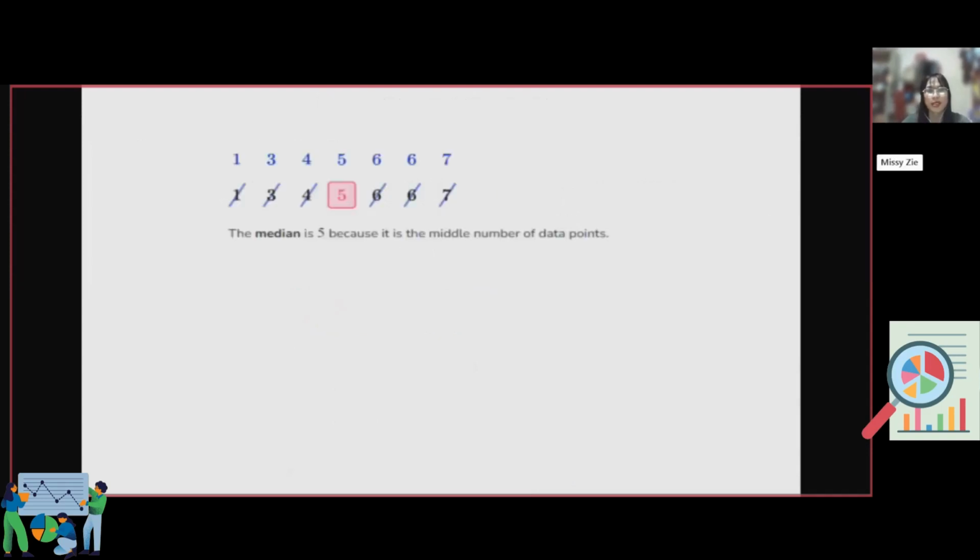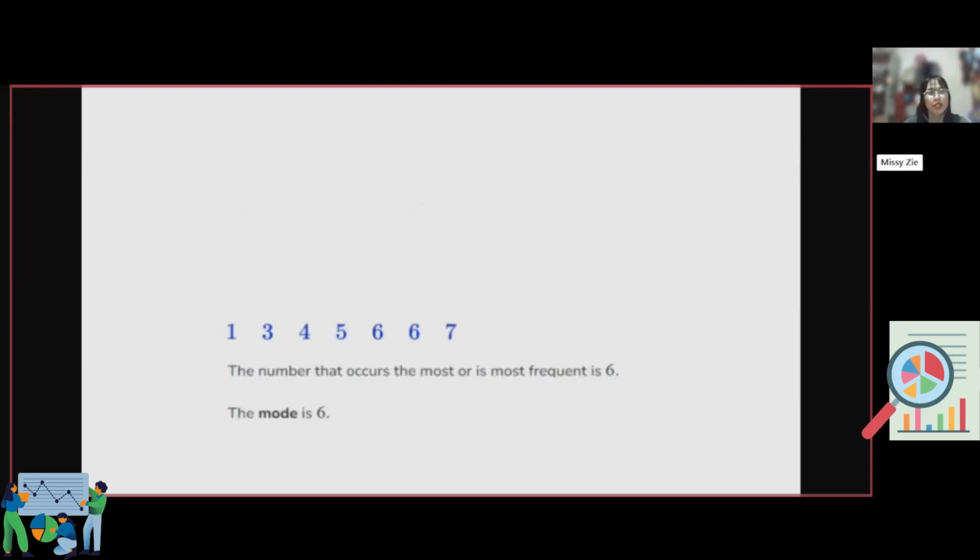I also have the examples of the median. As you can see here, the median is 5 because it is the middle number of the data points. And I also have the example of the mode. The number that occurs the most or is most frequent is number 6. So number 6 is our mode here in our data set.